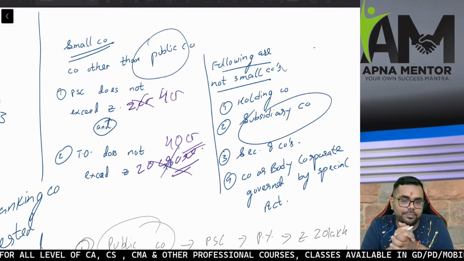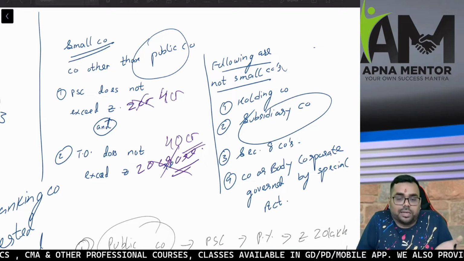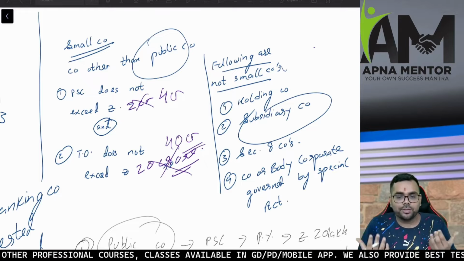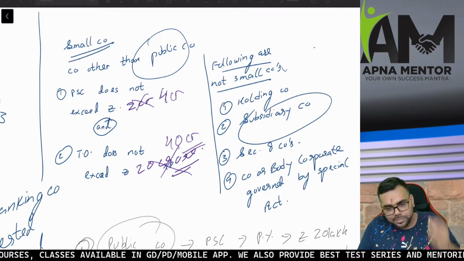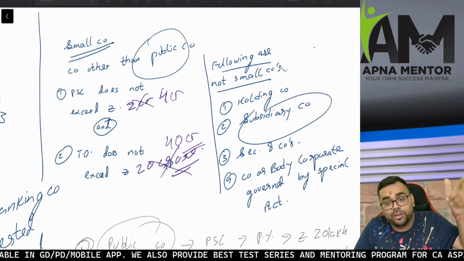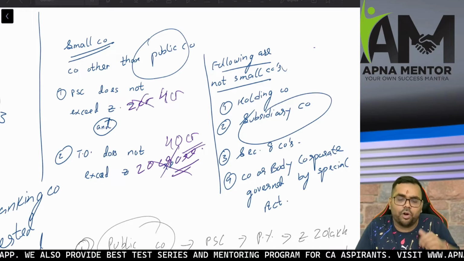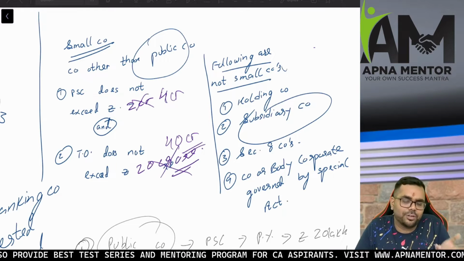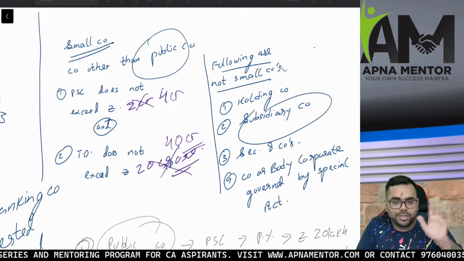At the same time, there are a few companies which are not small companies. A holding company is not a small company because it is the father, a fatherly figure, so it cannot be small. Subsidiary companies are not small companies because a subsidiary has the support of the holding. Section 8 companies, not-for-profit organizations, already get several benefits under law, and being a small company they would claim more benefits, so they cannot be small companies.